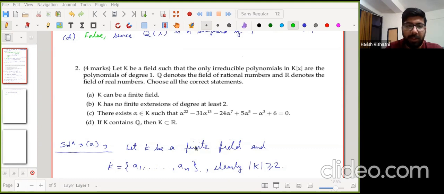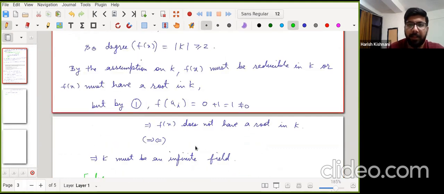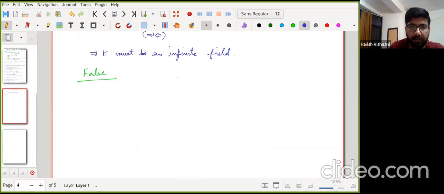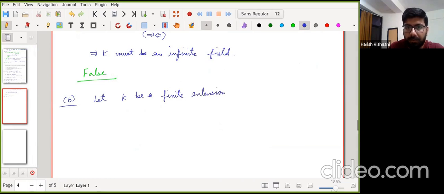Okay. So for that, let k be a finite extension of f, of degree greater than or equal to 2.